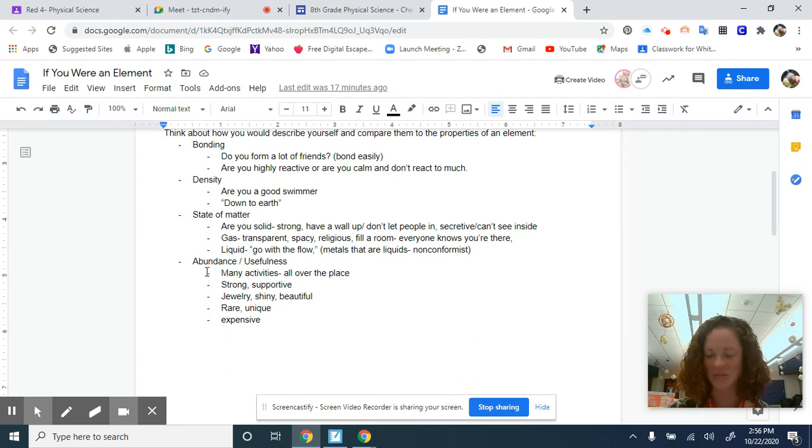Or I've definitely had some students that feel like they are expensive. They like a lot of money spent on them, or they spend a lot of money. So again, you can find out how much. We know that platinum would be one of the more expensive settings for a ring, for example, or for jewelry, compared to silver or even gold.